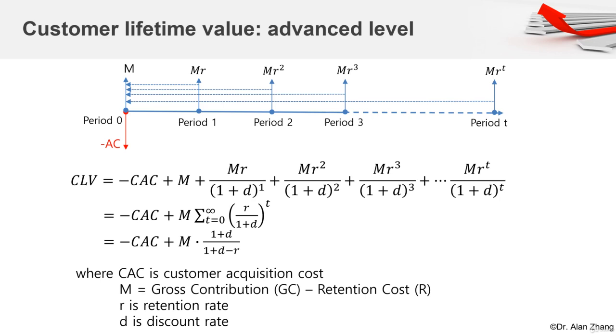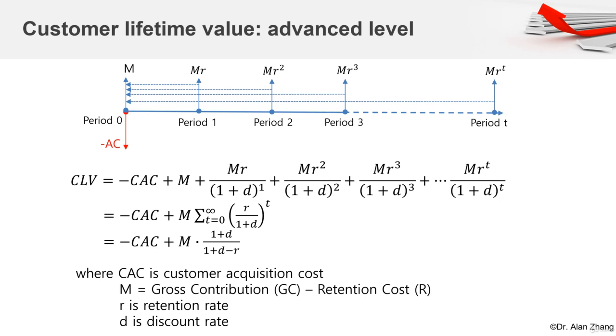Letter R is retention rate, which is assumed here as a constant or an average retention rate. Letter D is discount rate. CLV over an infinite time horizon is calculated with several components.